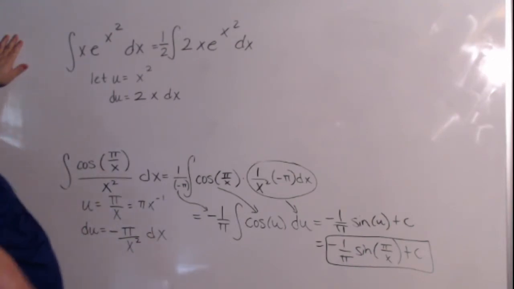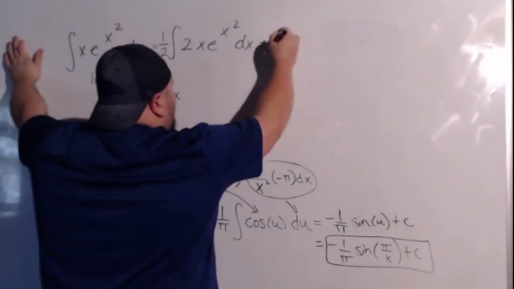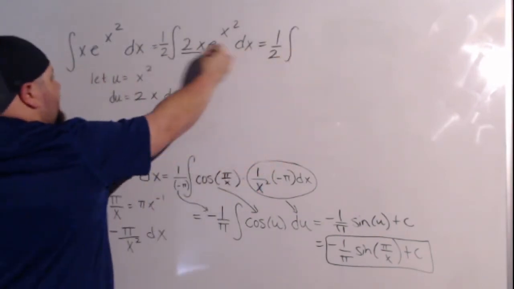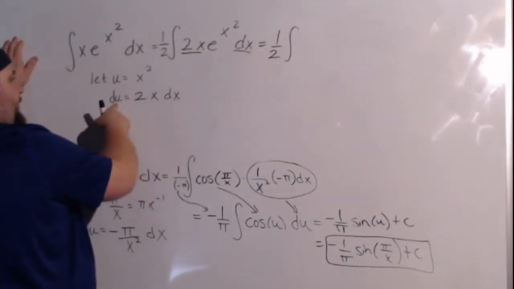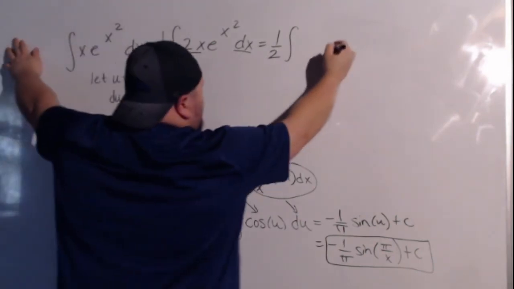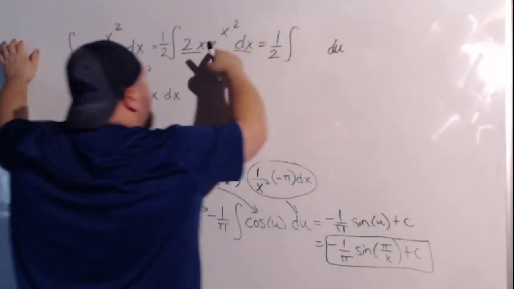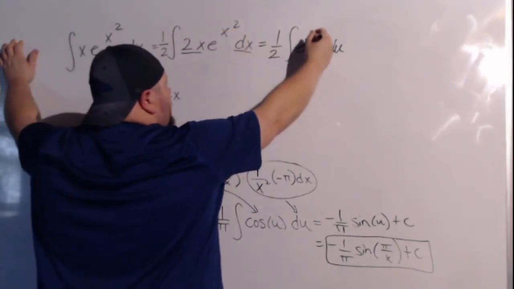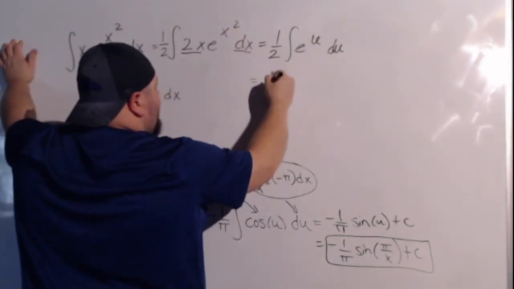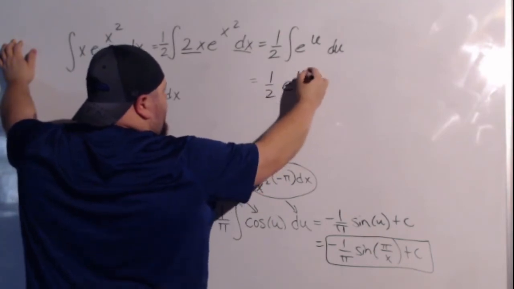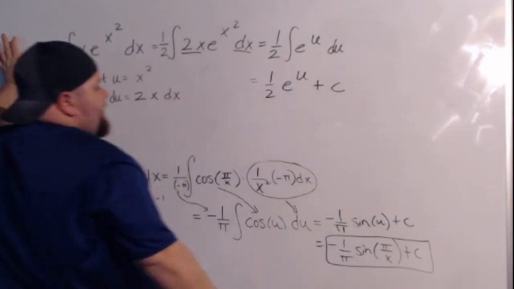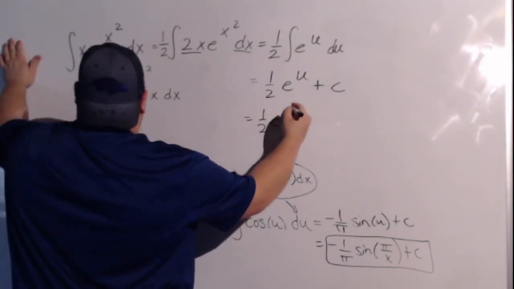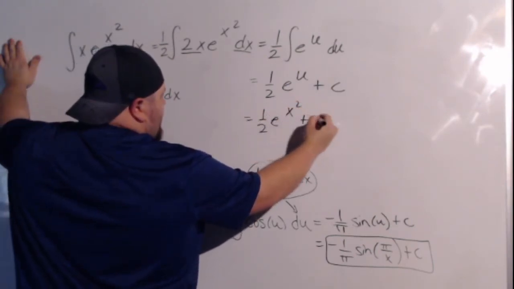Once I've done that, I can rewrite the whole thing in terms of u. So 2x dx is all of du, and e to the x squared is e to the u. And that's just one of the greatest integrals of all time, because it's just e to the u. And we plug it back in, and we're done.